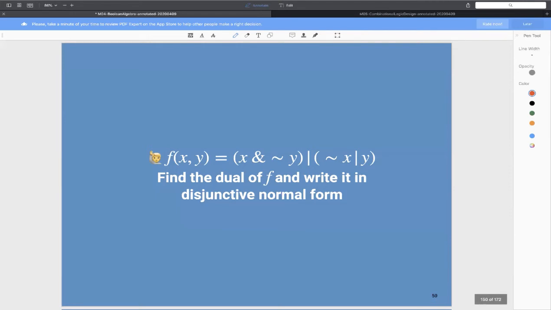So let's try this. What is the dual of this function? It would be x or not y and not x and y. Good.